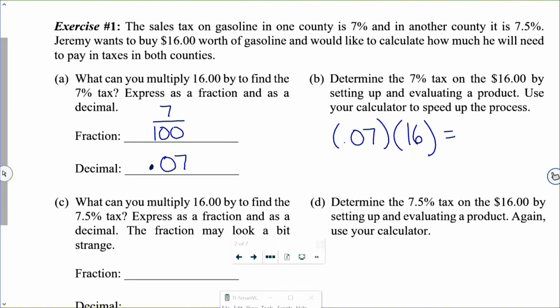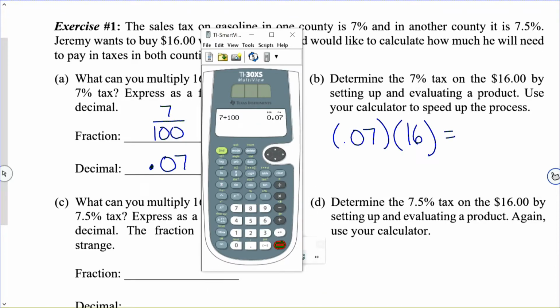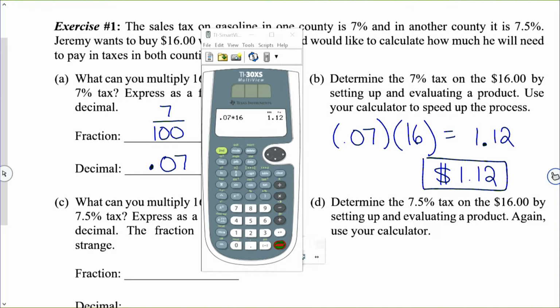And we could have 16.00, but that really makes no difference. Enter, and we get 1.12. So we find that the 7% tax ends up being $1.12.